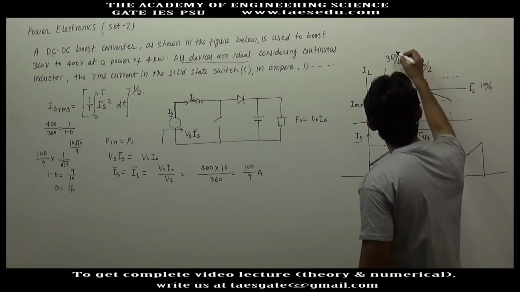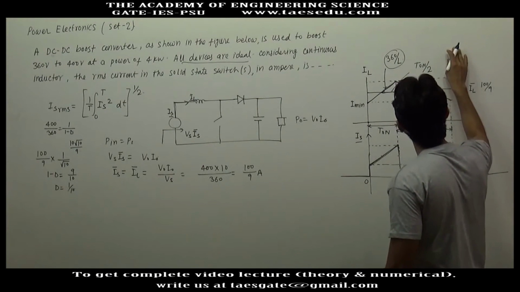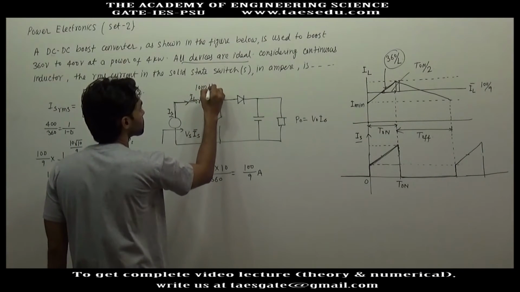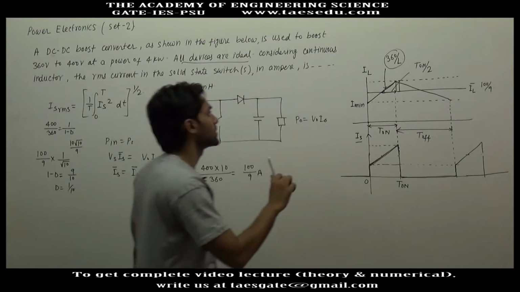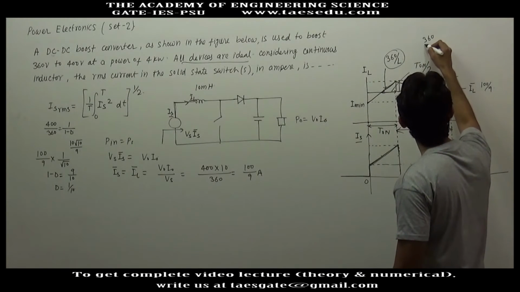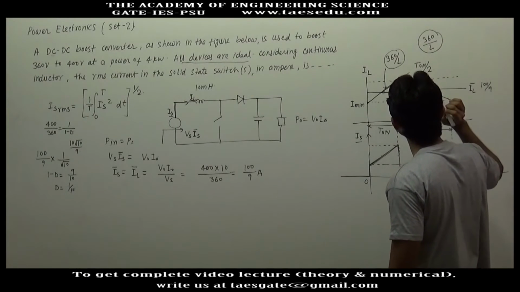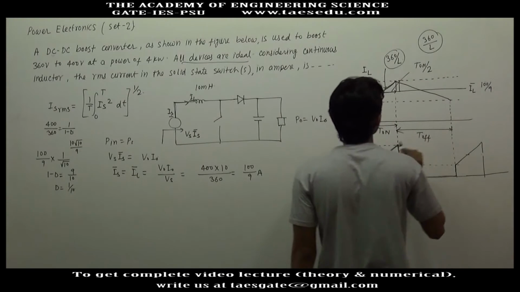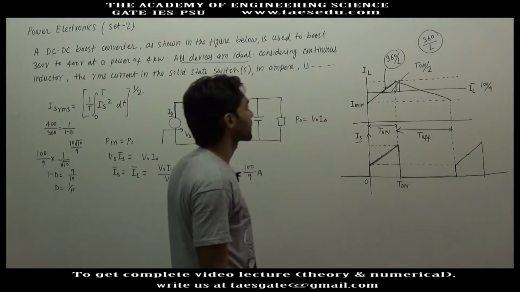We have slope 360 divided by L, and the inductance is given as 10 millihenry. So the slope of the line can be calculated. This is 360 divided by L, and this point is 100 divided by 9. So the equation can be found out.